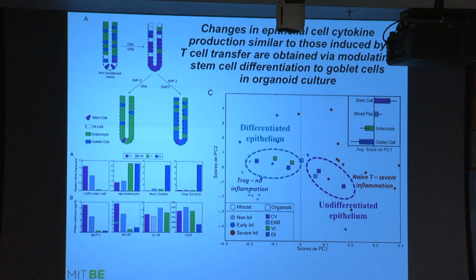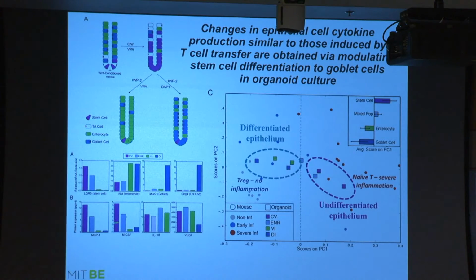Now if you measure, under these conditions, what sets of cytokines and chemokines they're making, and put those back into the model that we got originally from the very first set of T-cell transfer, it says, what is the state of the cytokines? The ones in the treatments that are undifferentiated, that set of cytokines is indeed the same as if I got the severe inflammation from the actual T-cell transfer itself.